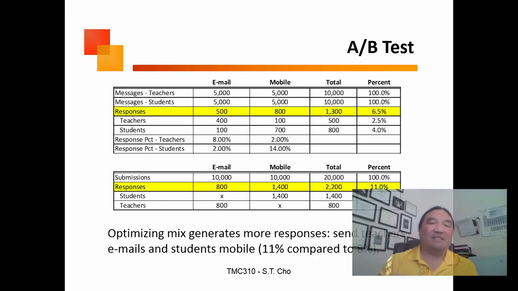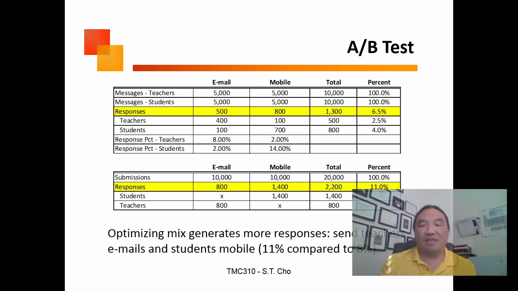What A/B testing does is let you actually do the analytics of the system. And what you find out is that teachers prefer emails and students prefer mobile texting. So instead of using one channel, if I split the channels, instead of only getting 8% response, my response goes up to 11%.